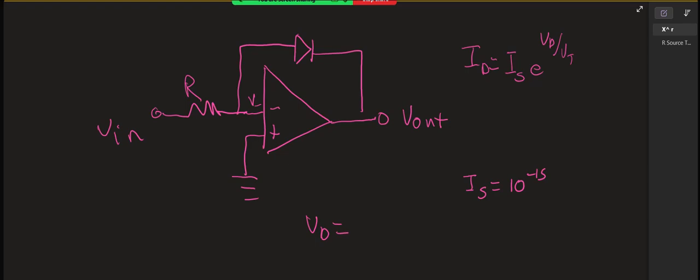The voltage on this side is 0, and what's the voltage on this side? V out. So VD is V minus minus V out.